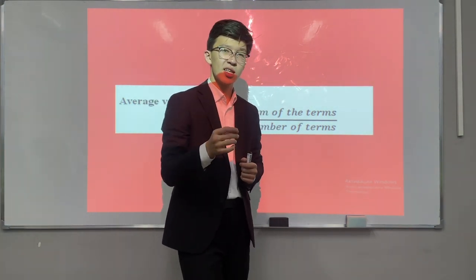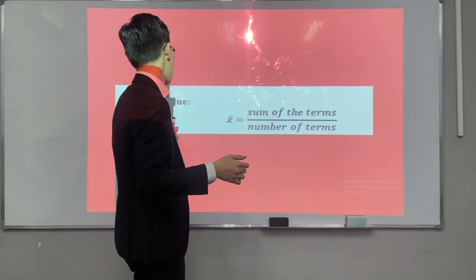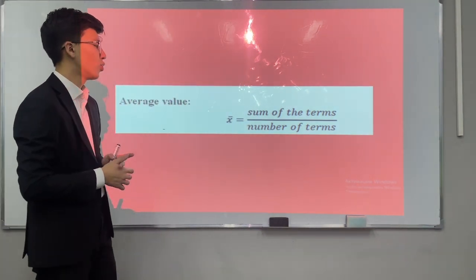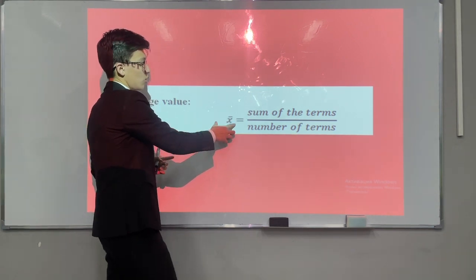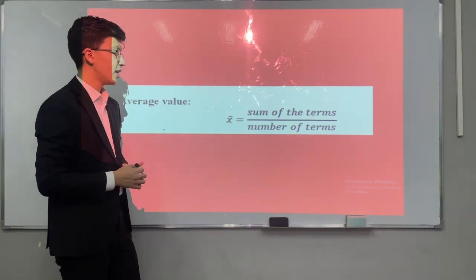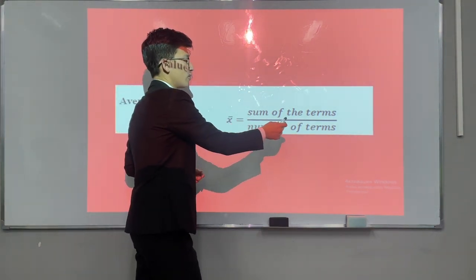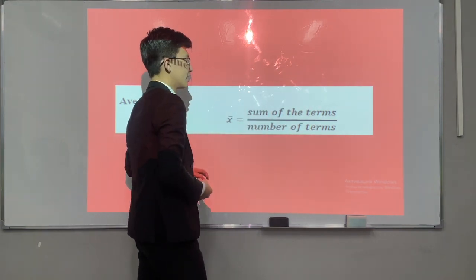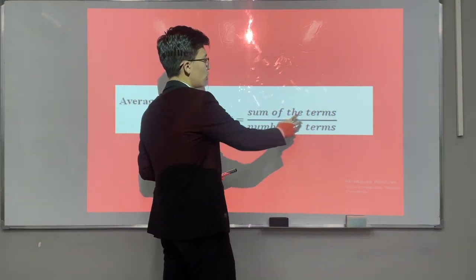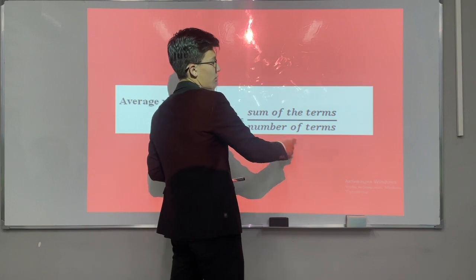Here is the formula of the average value. The sign of the average value looks like this: the sum of all terms over the number of terms.